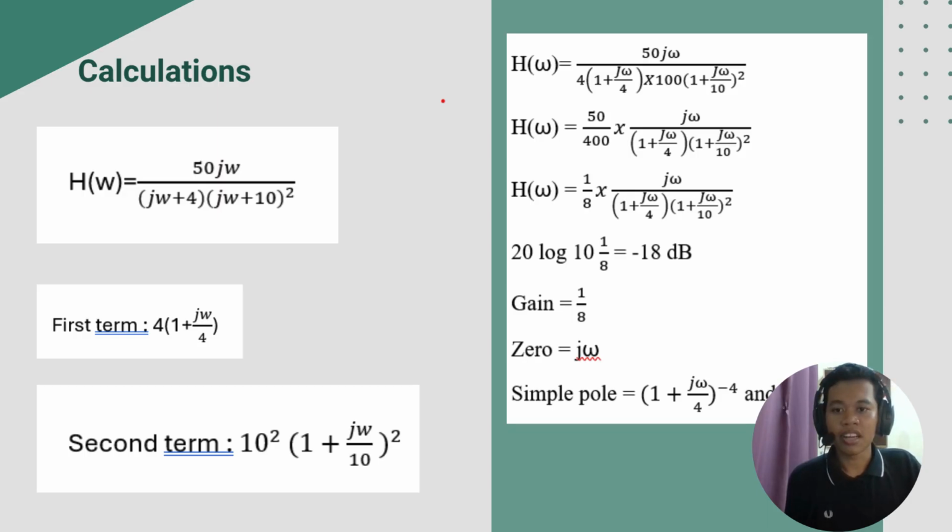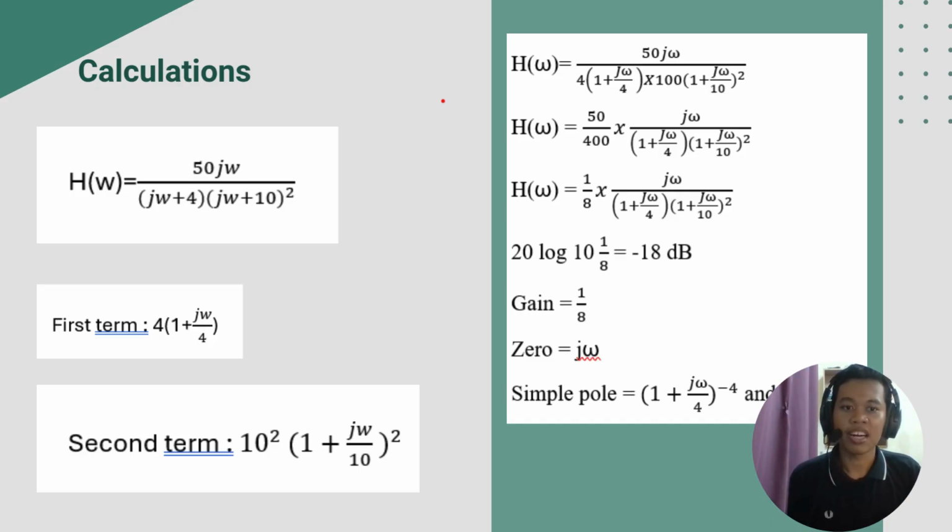For the first term in the denominator, jω + 4, we factor out the 4. This gives us 4 times (1 + jω/4). For the second term, which is the double pole, (jω + 10)², we must factor out the 10, or 100 after squaring.